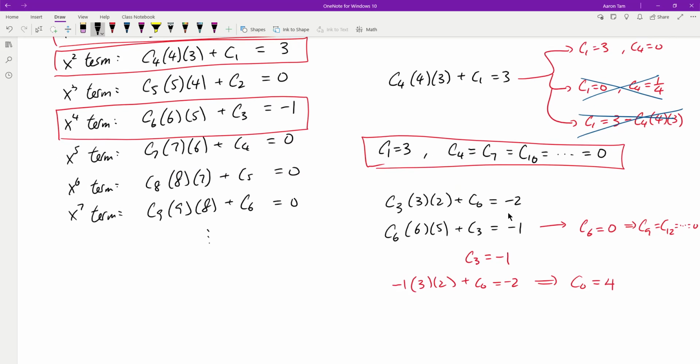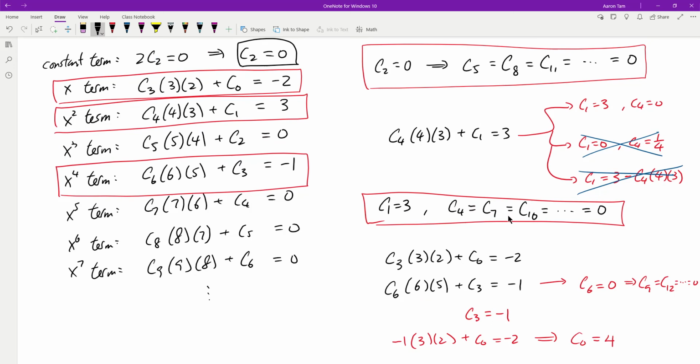My particular solution would have the following coefficients. c sub 0 is 4. c sub 1 is 3. c sub 2 is 0. c sub 3 is -1.